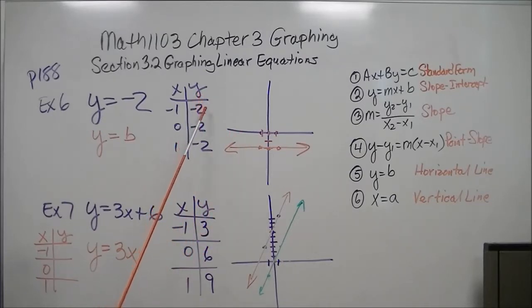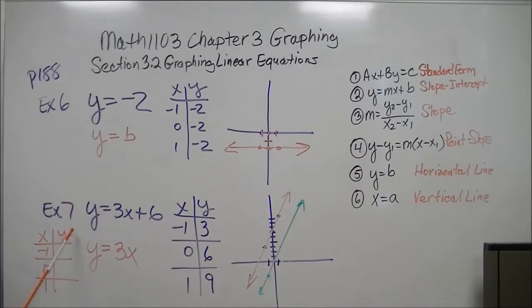So if y is always going to be -2, it doesn't really make any difference what you put here for your x values, because y is always going to be -2, and that creates this horizontal line. So anytime you have an equation, y equals a constant, that is going to be your y-intercept, and you just make a horizontal line through that point.